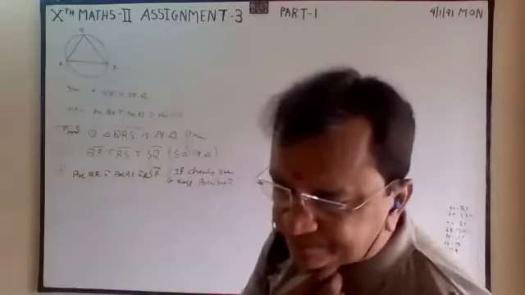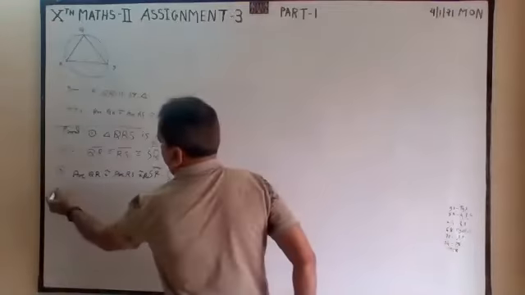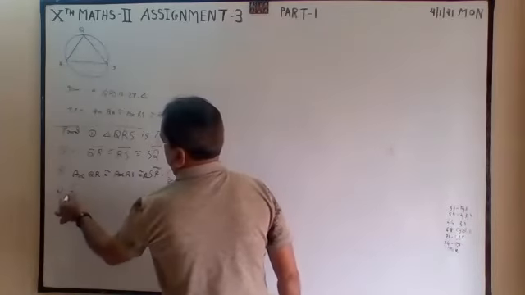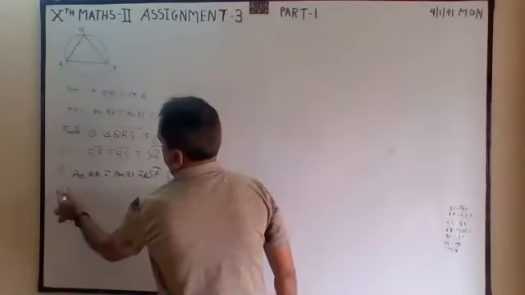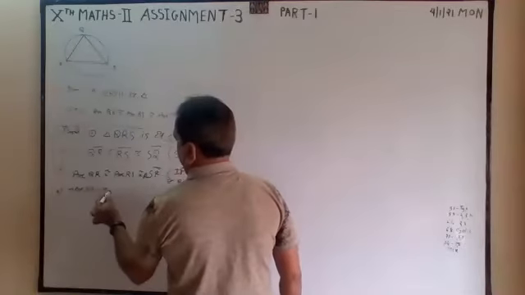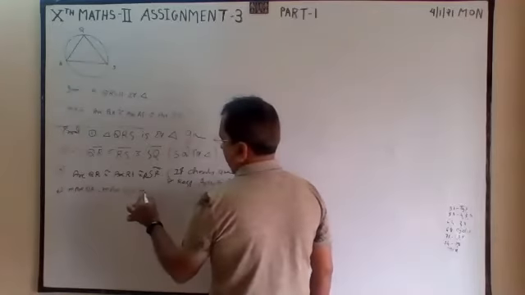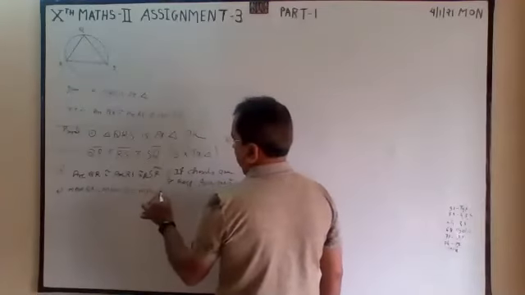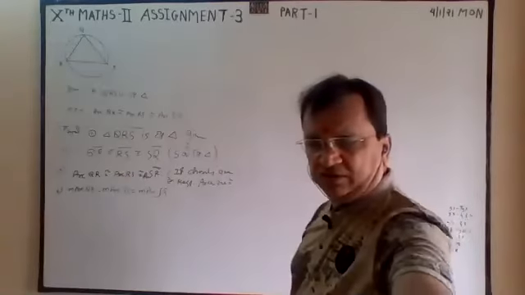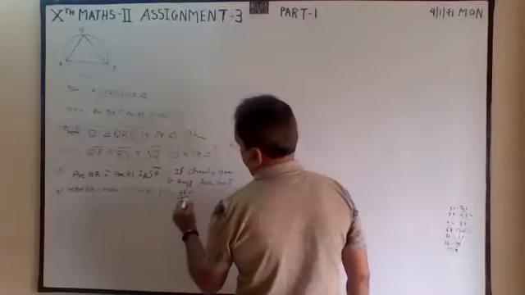Second, QRS, all three are equal. So arc, major arc QR is equal to major arc RS is equal to major arc SQ is equal to 360 by 3.